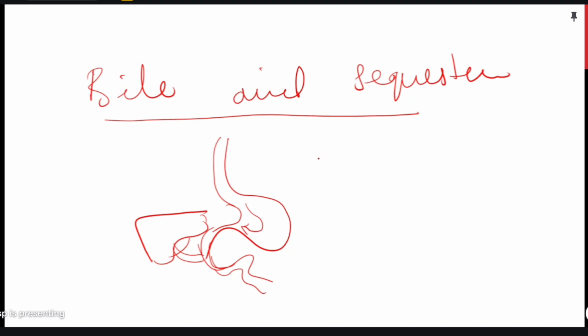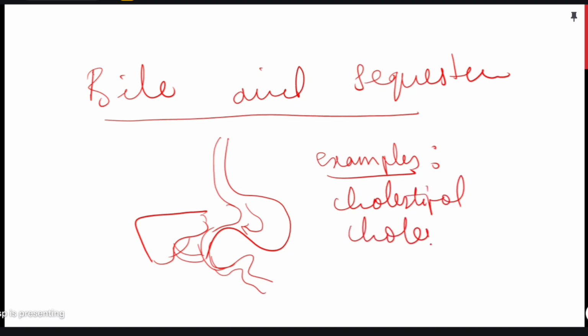Let me tell you first of all examples of bile acid sequestrants: cholestyramine and colestipol. Actually these are huge molecules. These two drugs will try to absorb the bile acids which are coming from the GI tract. Bile acid contains a lot of cholesterol, you know. Bile acid which is coming from the liver into the small intestine will have a lot of cholesterol.